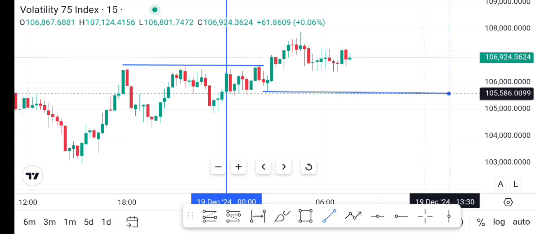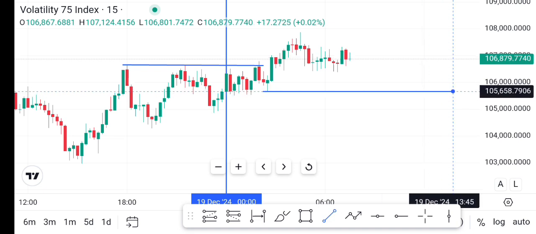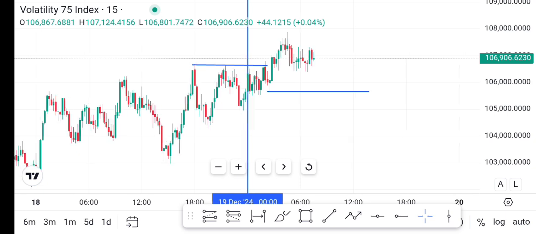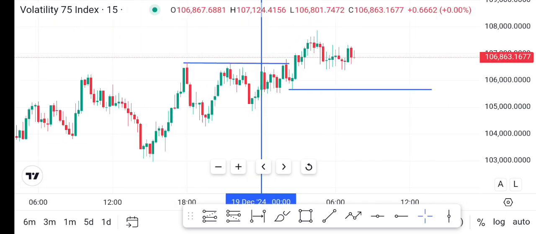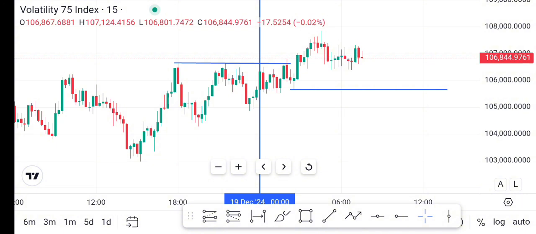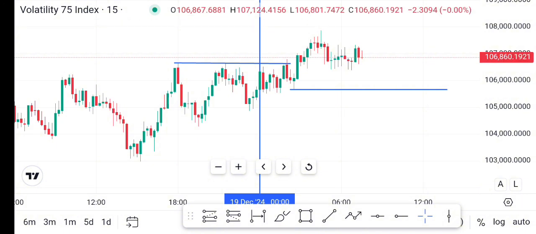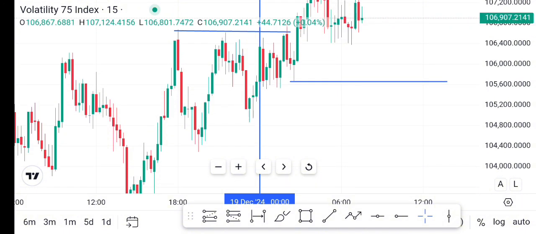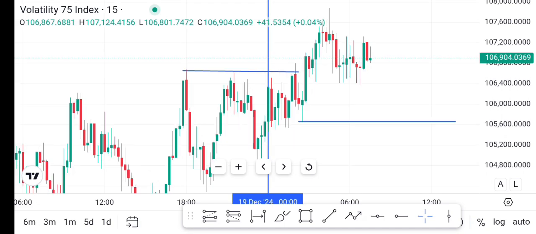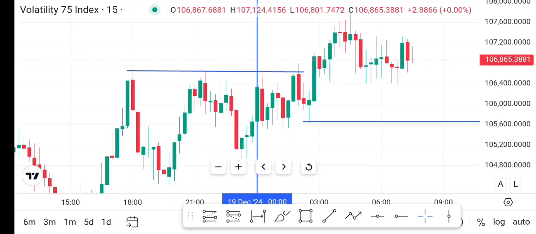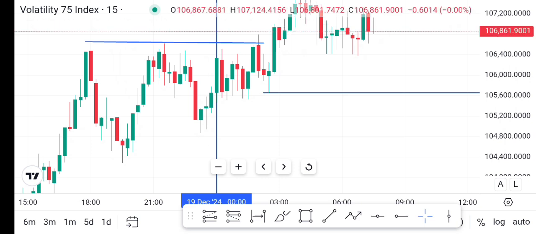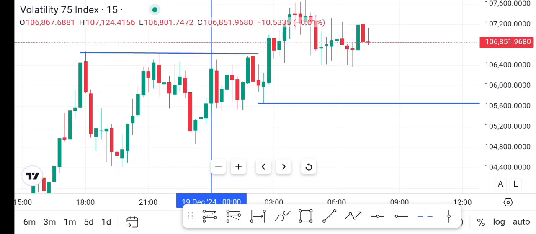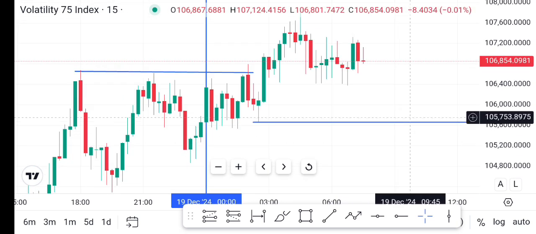We extend our line like that. You see, now we are looking for the setup. Are you getting the point? If that is taken off, we are looking for the buys. Where is the market going to come?